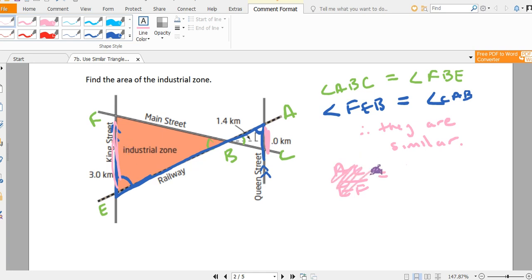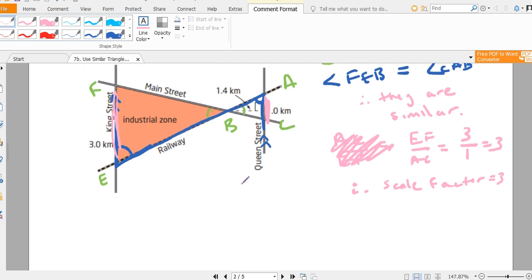Actually, you know what? Sorry, I'm going to rewrite this as EF over AC. I'm going to put the bigger one on top because EF is 3 and AC is 1. That means our scale factor is 3. Therefore, scale factor equals 3.